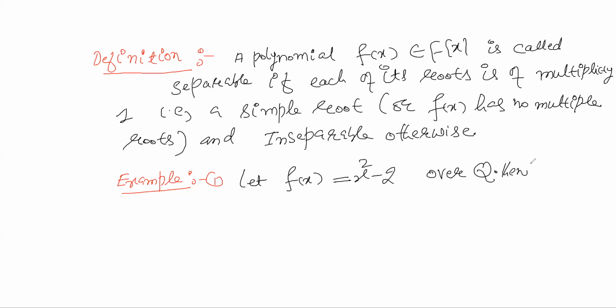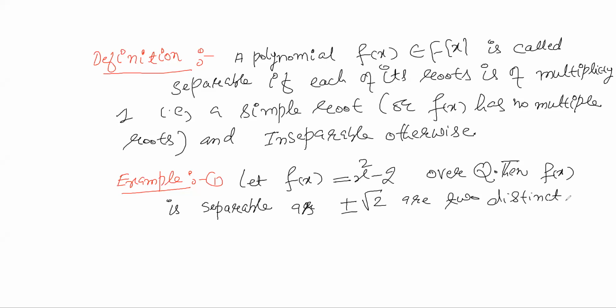Then f(x) is separable, as its two roots, plus minus square root of 2, are two distinct roots of f(x) in its splitting field, which is Q(root 2). So this polynomial is separable.